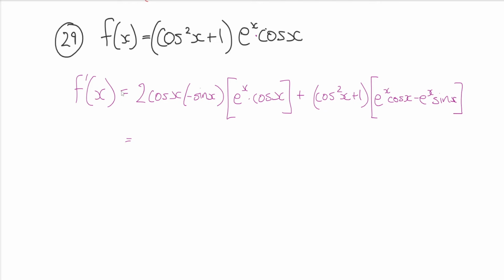So negative 2 cos squared x sine of x e to the x plus cos squared x. Okay, let's just expand this and see if we can bring everything together here. So cos cubed x with an e to the x out front.